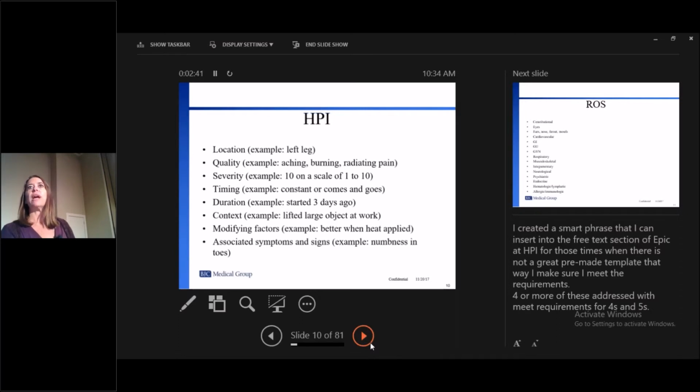If they're coming in for an acute problem like I twisted my ankle or my knee hurts, the HPI I have listed here, if your EHR systems have a smart phrase, mine has where I can create a smart phrase, and I created this and I typed it in just like this, and mine is a generic HPI, and if I type that in, it pops up and it says location, quality, severity, timing, and I have all of this written out. So if I answer those questions, I know I'm meeting the HPI requirements for a level 4 visit.